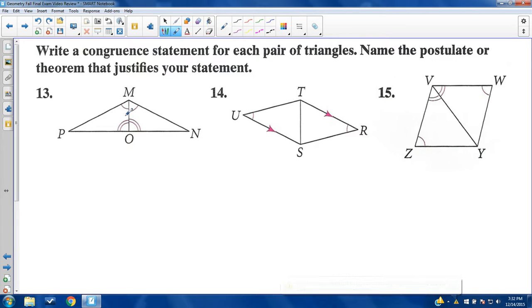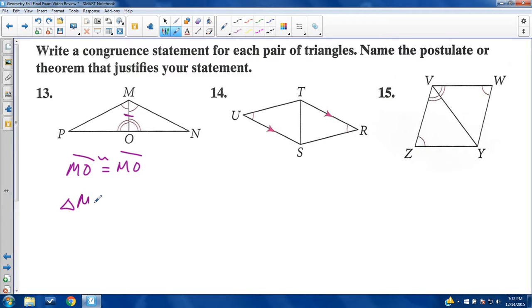Looks like MO could be congruent to itself by the reflexive property. What that really means is that it is a shared side in both triangles. As you can see, it's kind of a reflection. And it's a shared side and it must be equal to itself because it's the same thing. Okay, so that does mean that triangle, what's the statement?